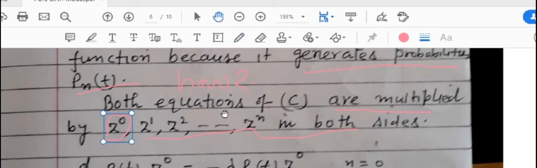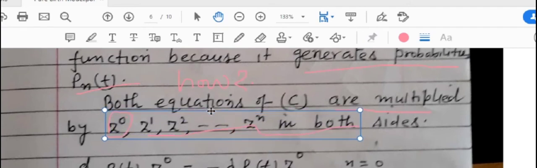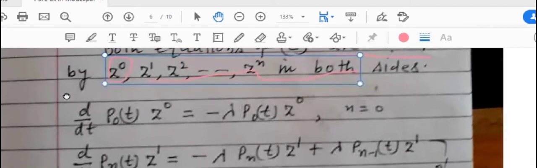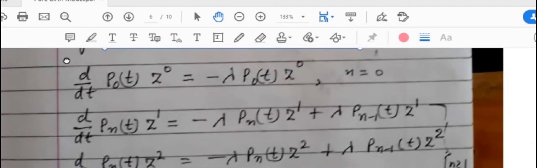Let us see how. Look here, this part we multiplied, d/dt as usual. Only we multiplied this thing here on both sides.